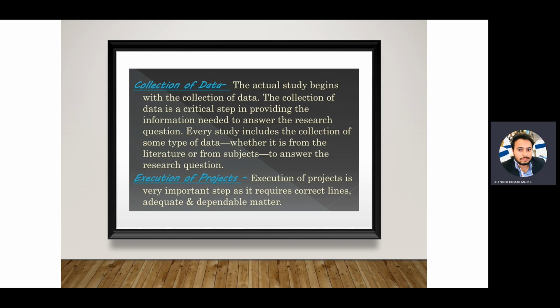One is primary and another is secondary. Primary is newly generated data, generated for the first time. Secondary data is data which is already generated, but you are using it for your further research. This is the way you can collect your data.